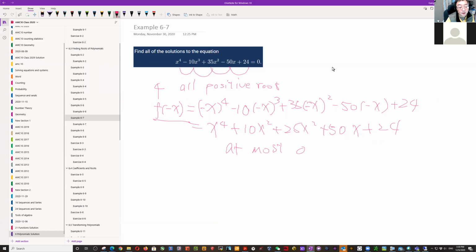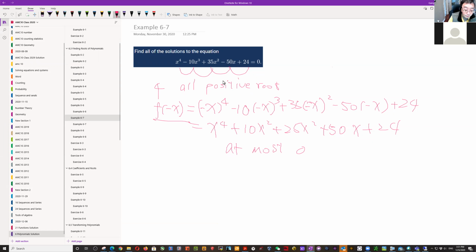So it looks like this has 0 negative roots. Then we will try to evaluate it.